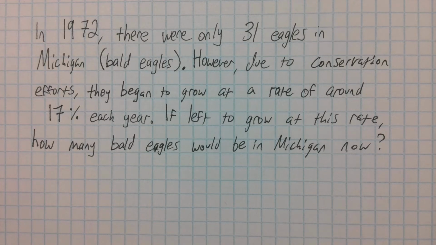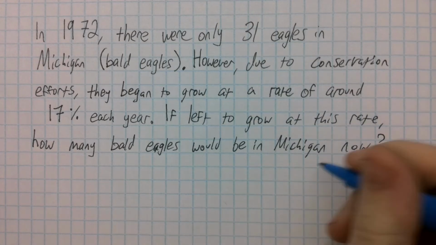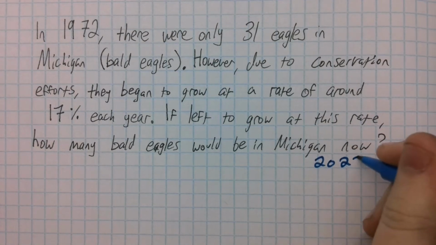So we started off with 31 eagles, and then their population grew by 17%, and by 17% again, over and over and over again. Now, some things happened which took the population down a little bit, but let's pretend for a second that the population was left to grow at this rate. We kept on growing by exactly 17% every year. My question is, how many bald eagles would be in Michigan now, in the year 2022?